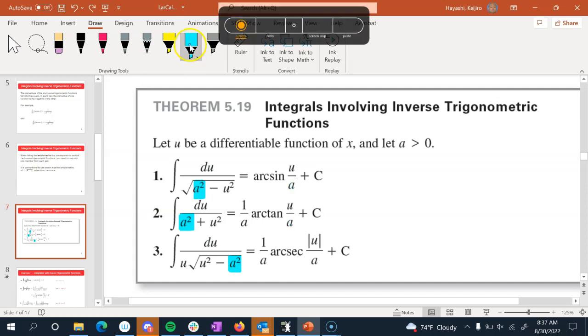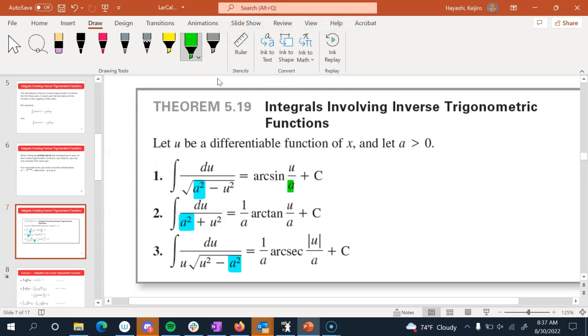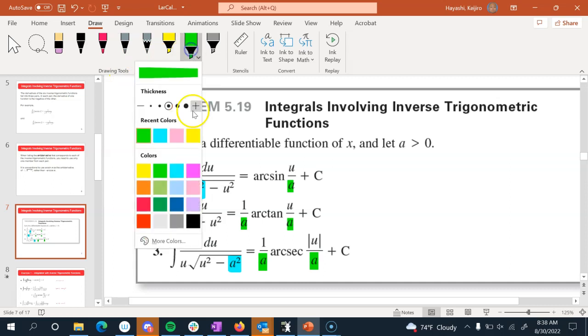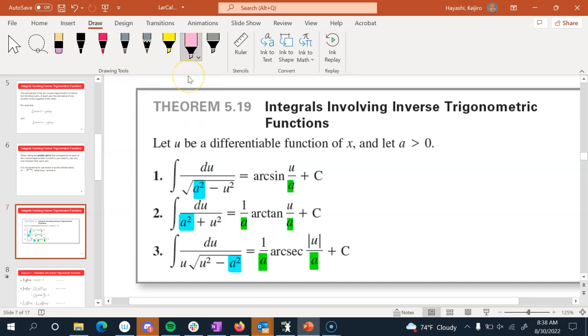Actually, in several places that I'm going to mark in green. And other than that, it's pretty standard.